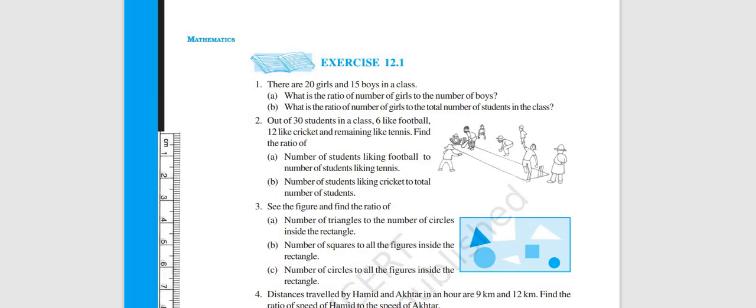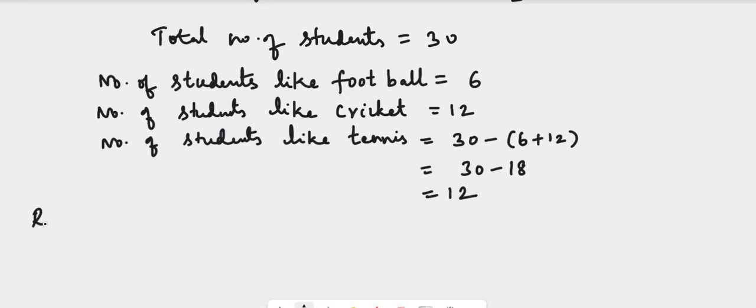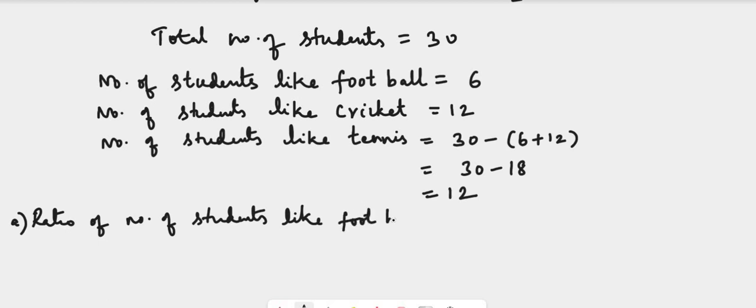Now, if you come to the first question, what is the first question? Number of students like football to number of students like tennis. That means find the ratio of number of students like football to number of students like tennis.